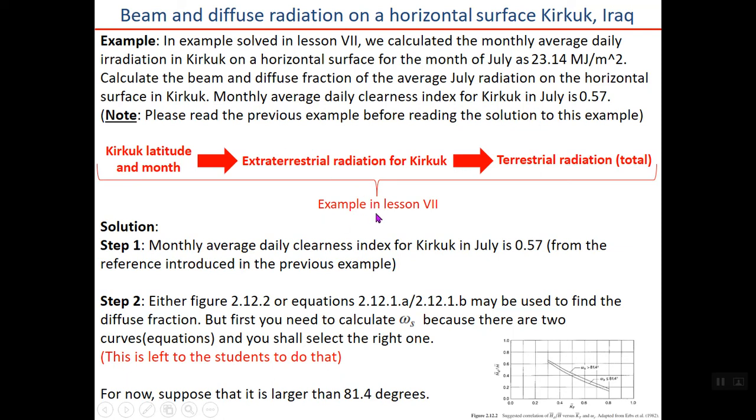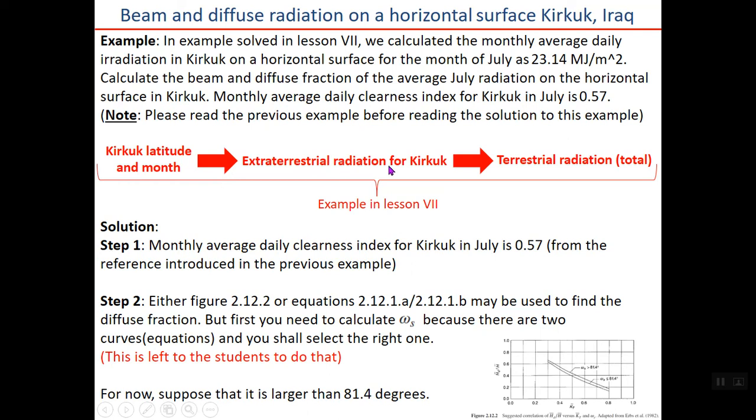In the previous example, I asked you to find the solar radiation on a horizontal surface in Kirkuk in Iraq. This is the procedure that we followed in the last example. We found the Kirkuk latitude and the month of the question, for example July.